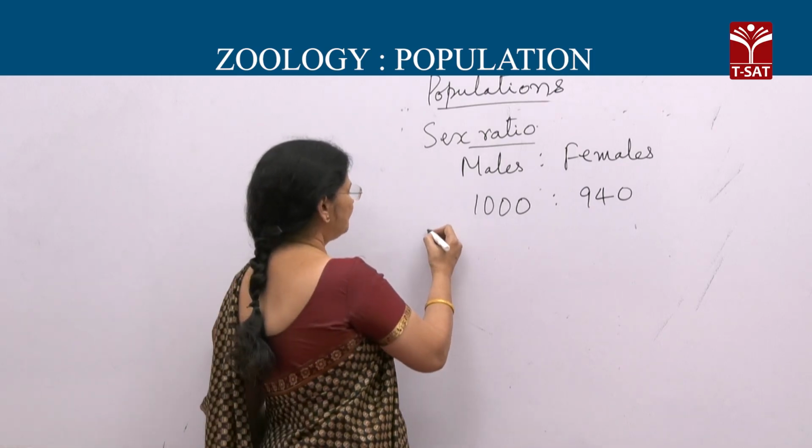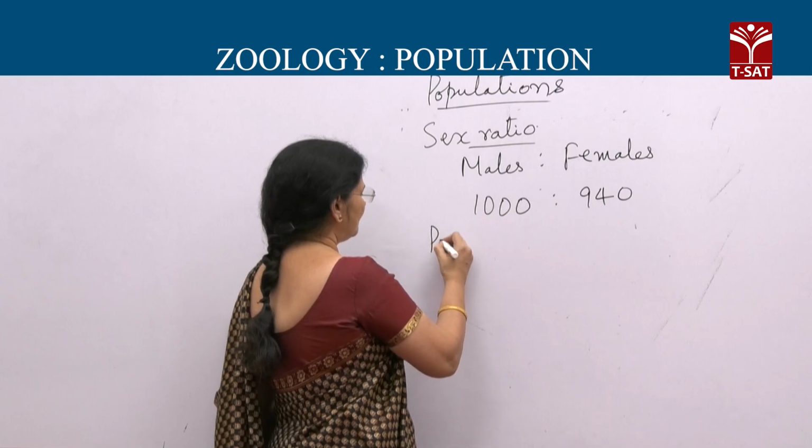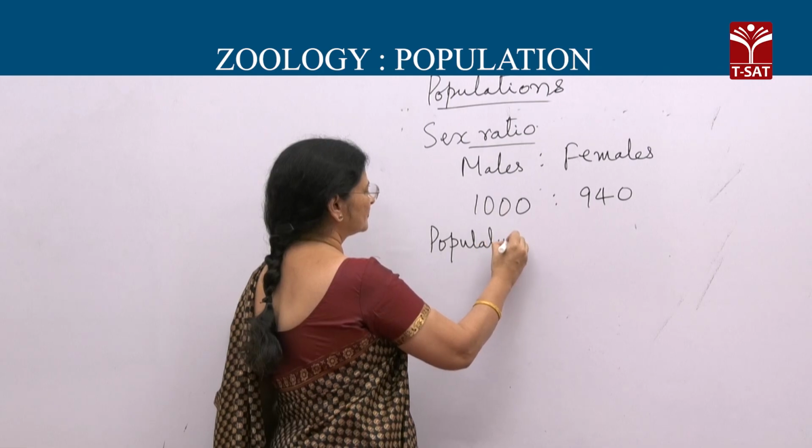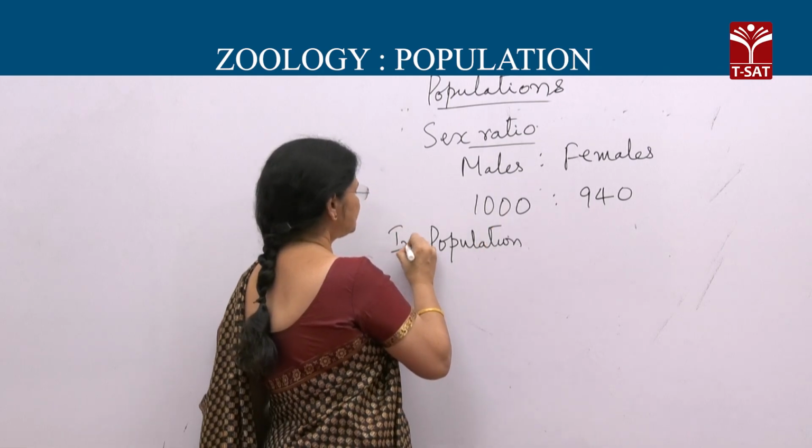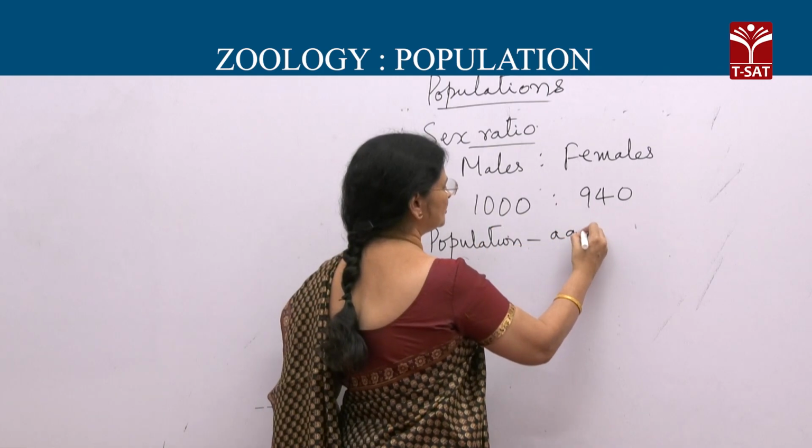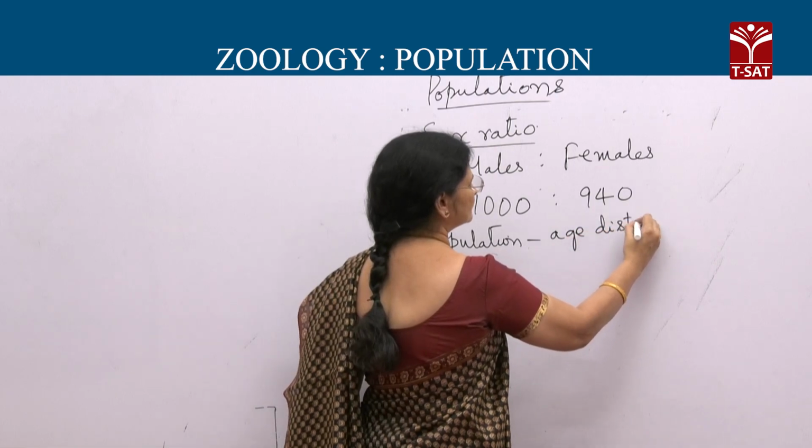Then another important thing in a population is age distribution.